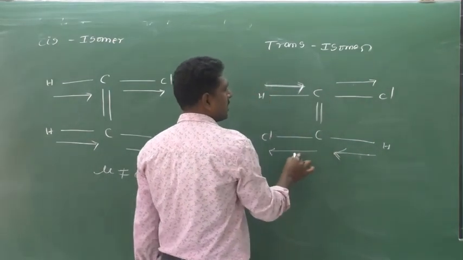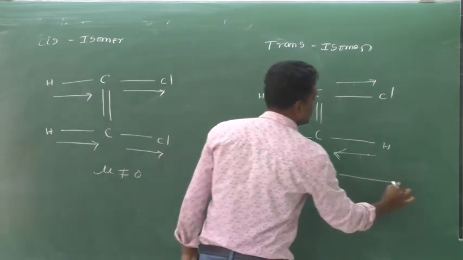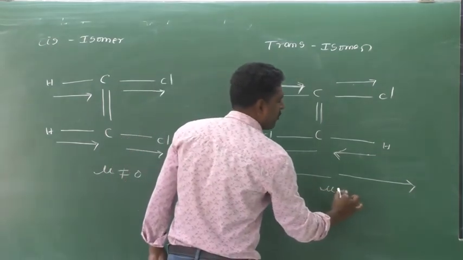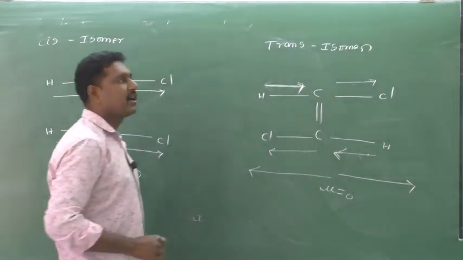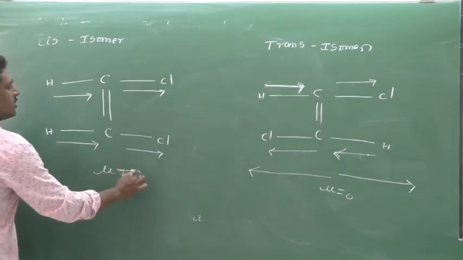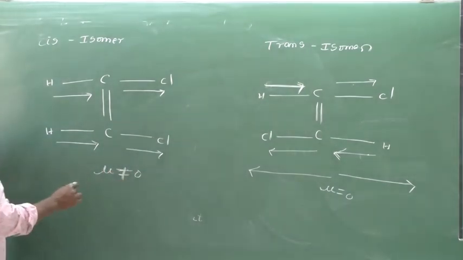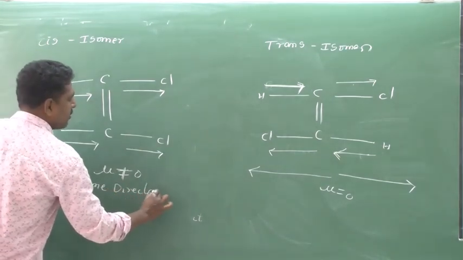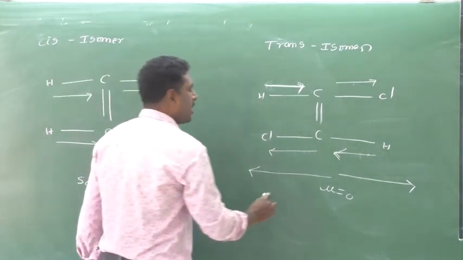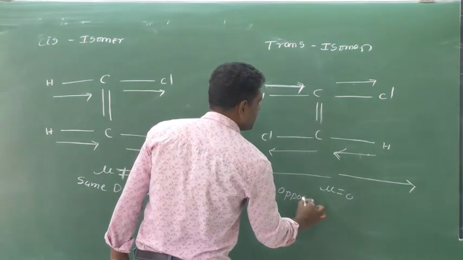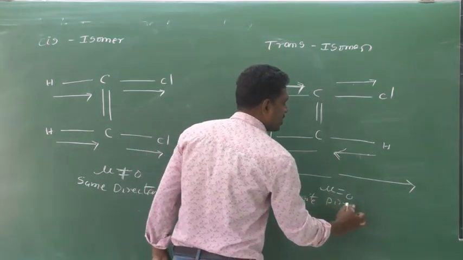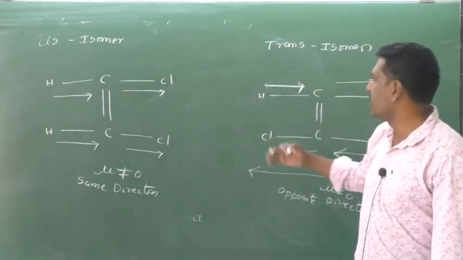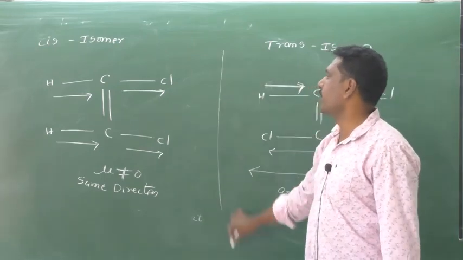This also gets cancelled. Therefore, mu equals 0 for the trans isomer. In the cis isomer the bond moments are in the same direction, while in the trans isomer the bond moments are in opposite directions, so both get cancelled.